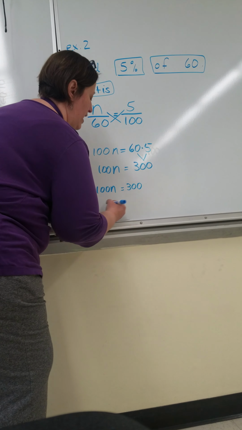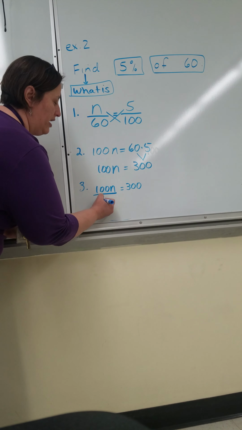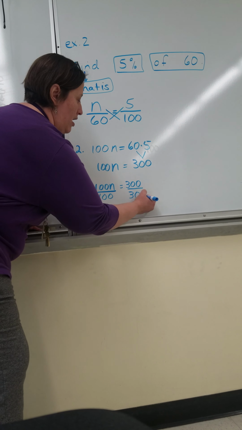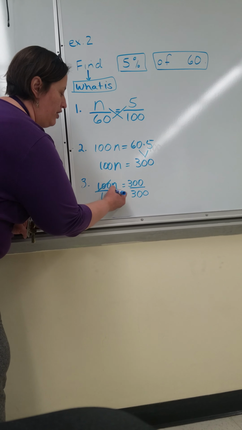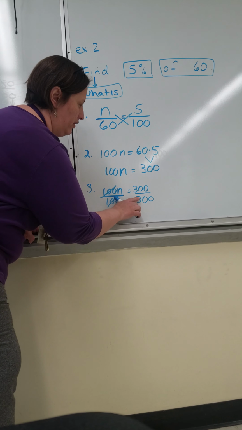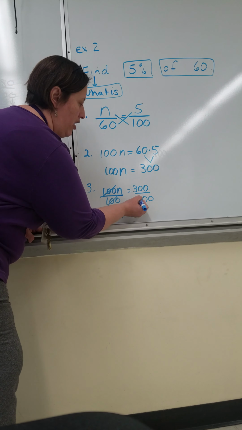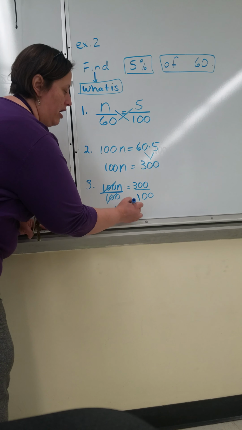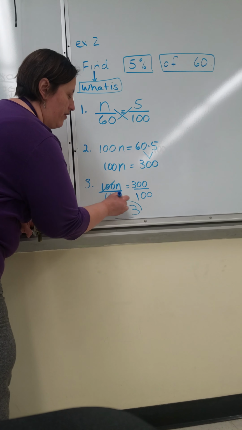And when I say divide, we divide both sides by the number attached to the n. So these hundreds will cancel, and our answer equals, well, what's 300 divided by 100? 3. Our answer is 3.